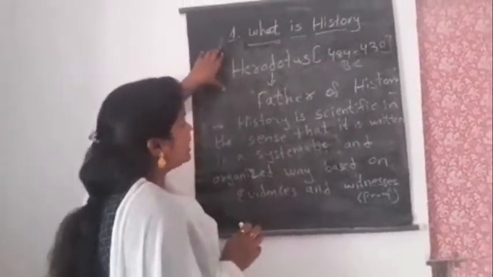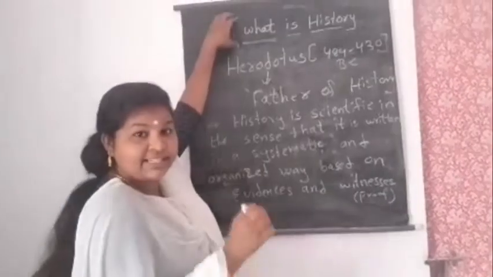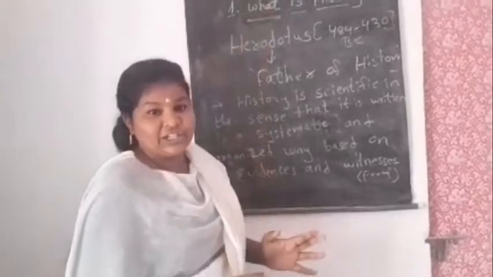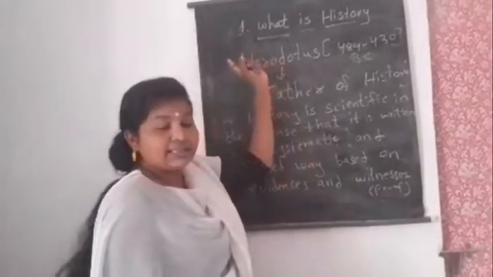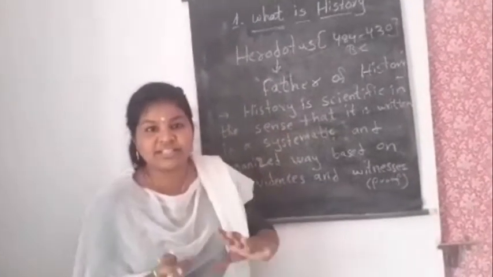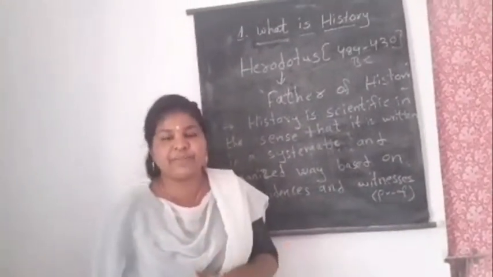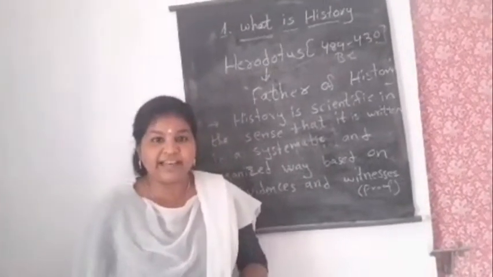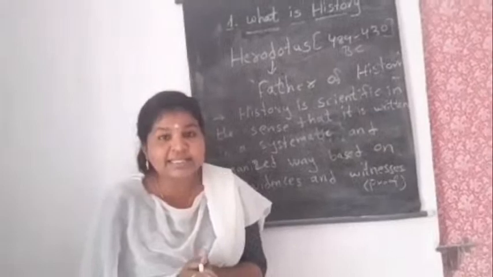Name is Herodotus. Our first lesson is what is history. We are discussing the first subtopic, introduction, and the second subtopic, definition of history. Once again we recall the definition. History, the study of human experiences. Which experiences?